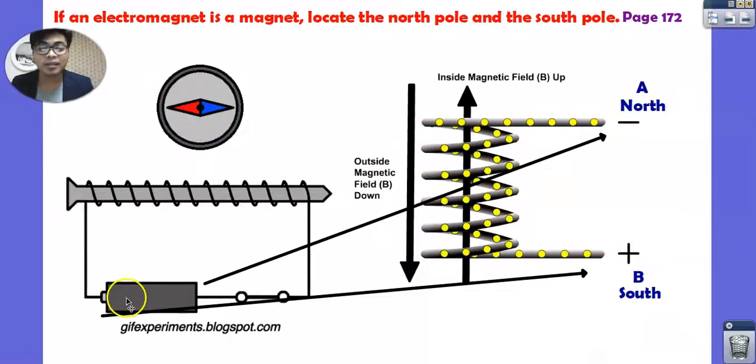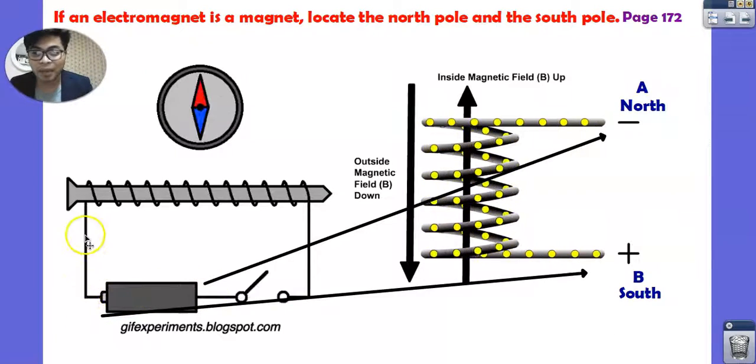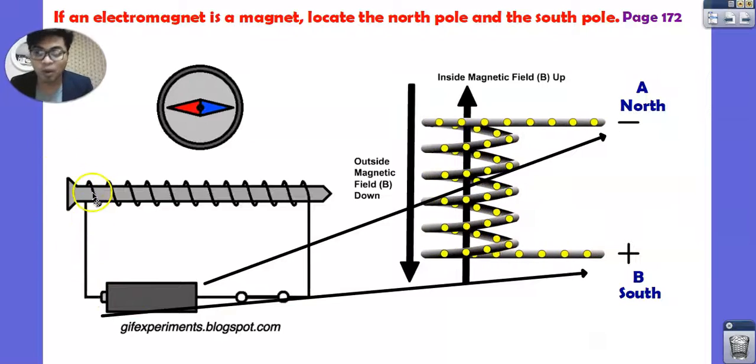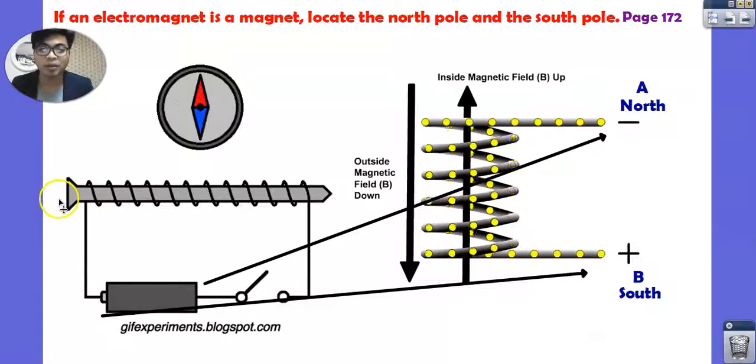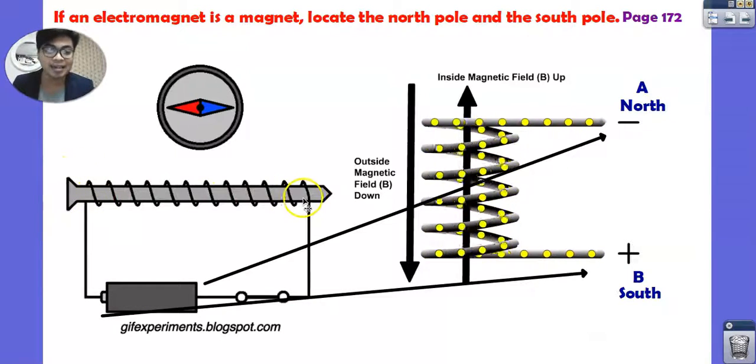The flow of electricity is from here going in here, which makes this one our South Pole, and as it exits here, this becomes our North Pole.